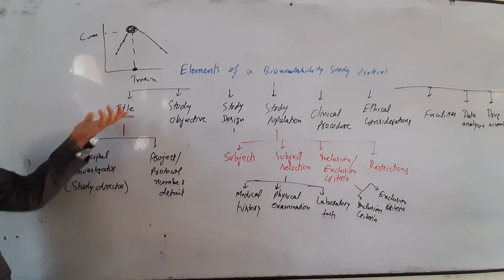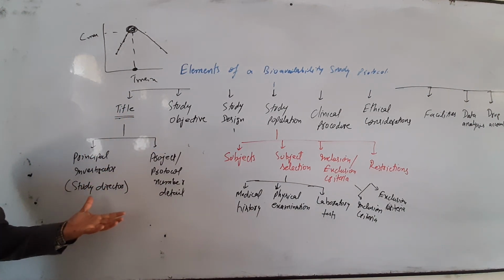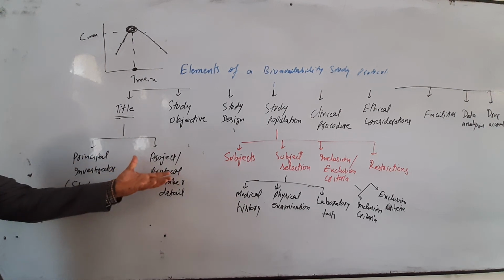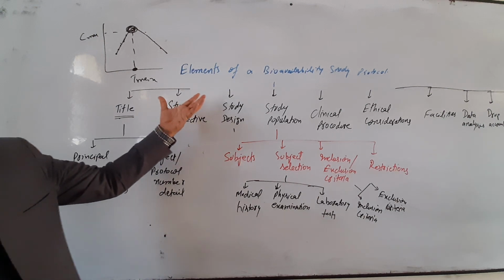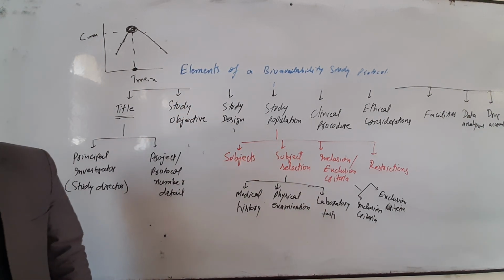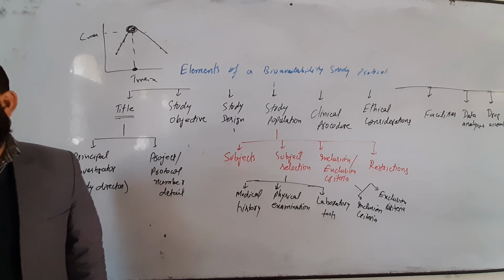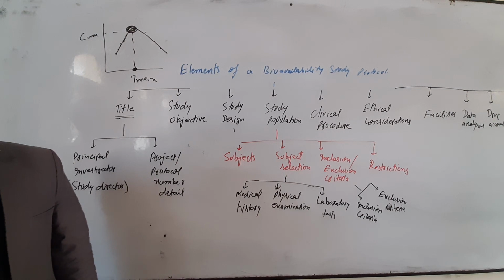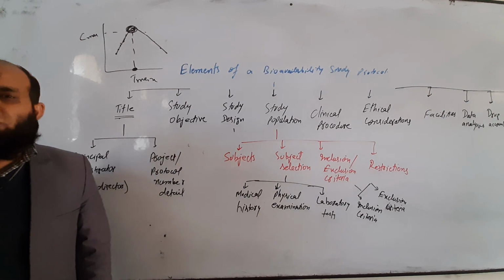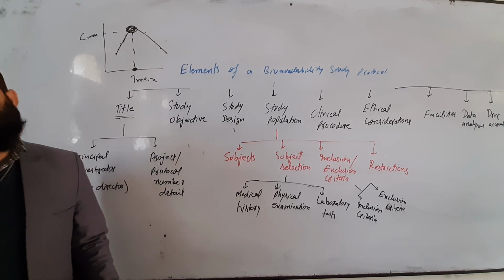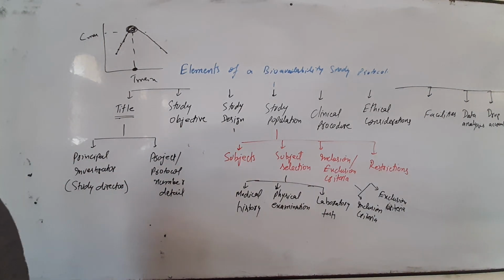In case of title, we have two basic considerations: the principal investigator should decide, and the ethical review board gives us the protocol number. In case of study objective, we should be very clear about what we are doing now. We are performing bioavailability studies to confirm the behavior of a test product with the reference and prove that there is no statistical difference between the test and the reference.